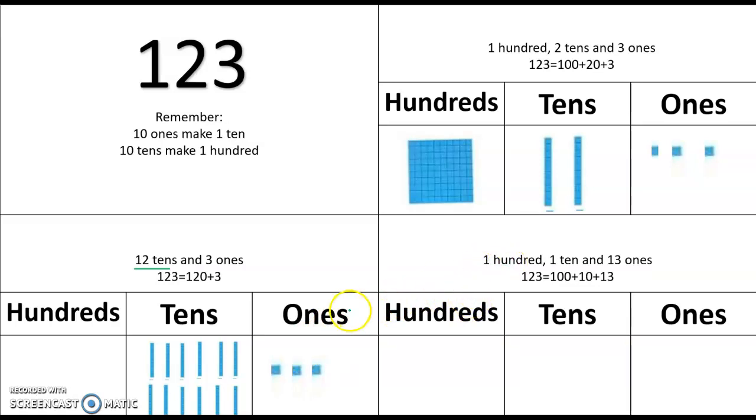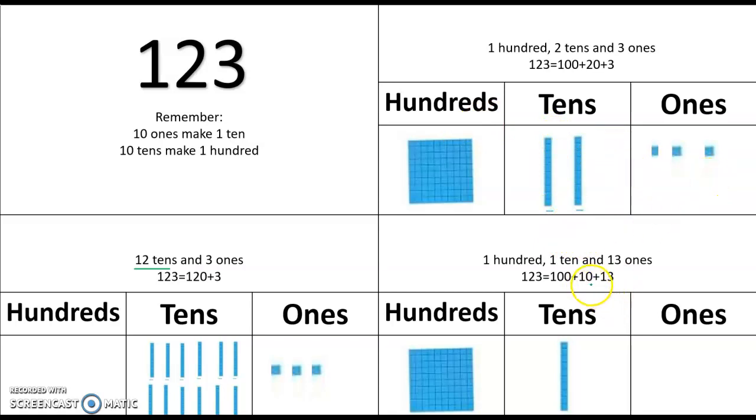Another way is if we took one of our tens and we broke it up into ones. How many ones are in a 10? 10. So let's keep our 100. Let's use 110, and we're taking the last 10 and breaking it up into 10 ones.